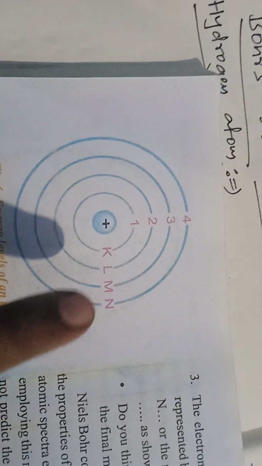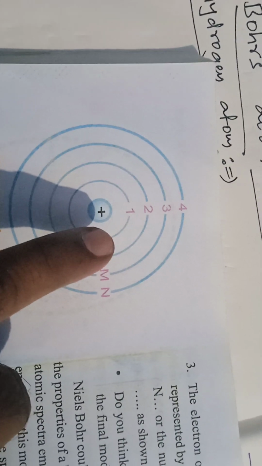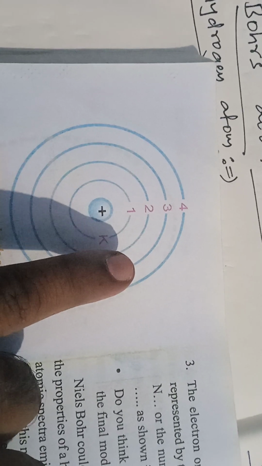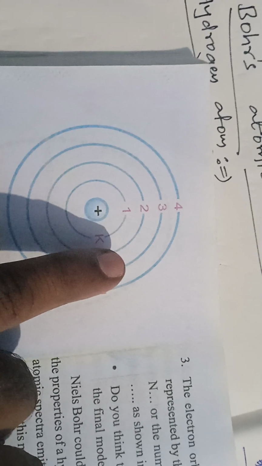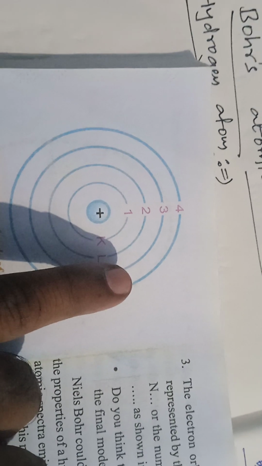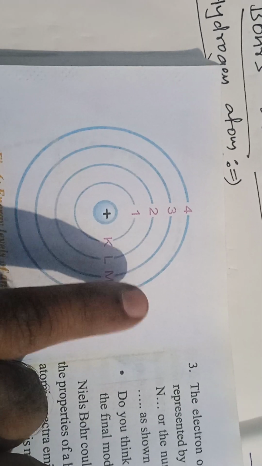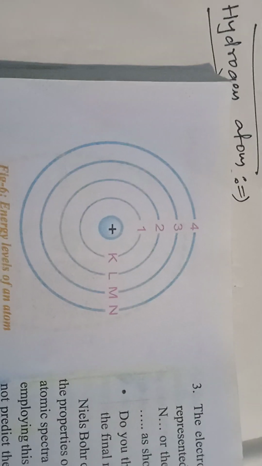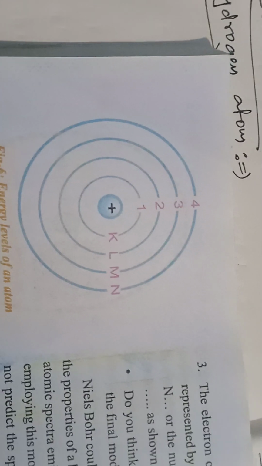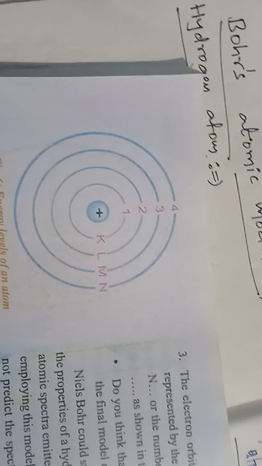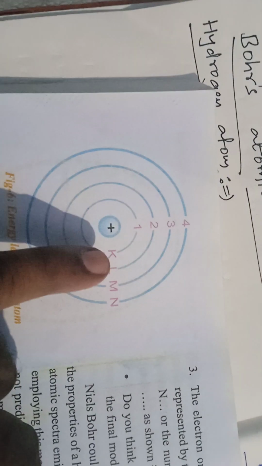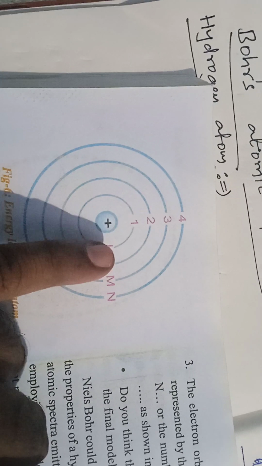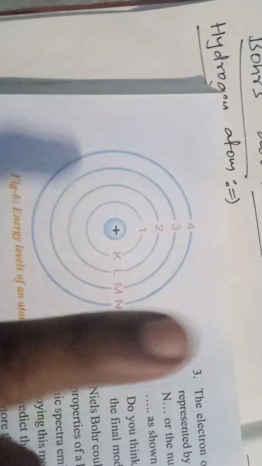The shell which is closest to the nucleus has a certain energy, that is E1. The second shell has a certain amount of energy, that is E2, the third shell E3, the fourth shell E4. So these stationary orbits have certain energies, E1, E2, E3, E4.